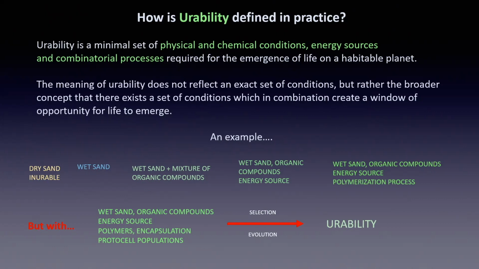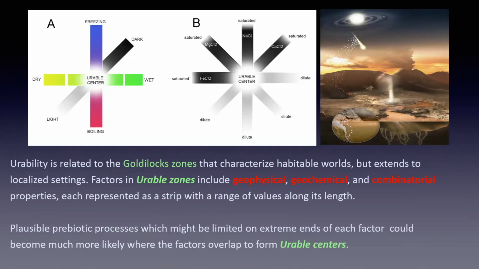And this is where it really got interesting in our conversations. Suppose that we pick out certain parameters and think about the extremes of those parameters and then something in the middle. So look at part A off to the left, and you can see water either frozen or boiling or someplace in between. So we know that life could not begin in freezing water. Probably life could not begin in boiling water.